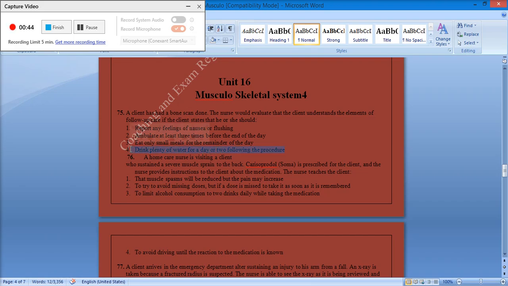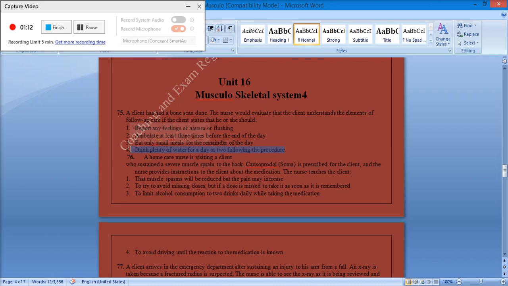76. A home care nurse is visiting a client who sustained a severe muscle sprain to the back. Cortisol is prescribed for the client and the nurse provides instruction to the client about the medication. The nurse teaches the client: 1. The muscle spasm will reduce but the pain may increase. 2. To try to avoid missing a dose, but if a dose is missed, to take it as soon as it is remembered. 3.